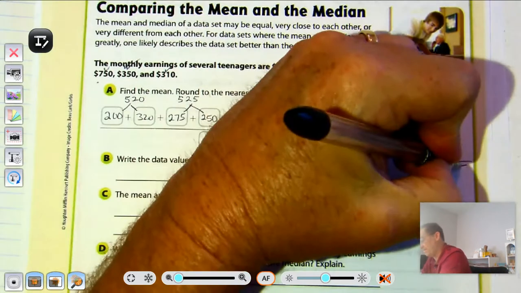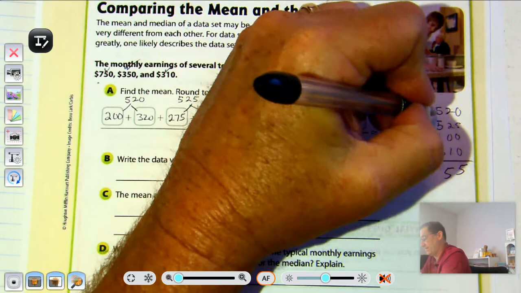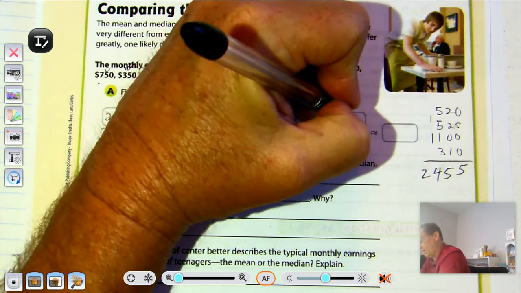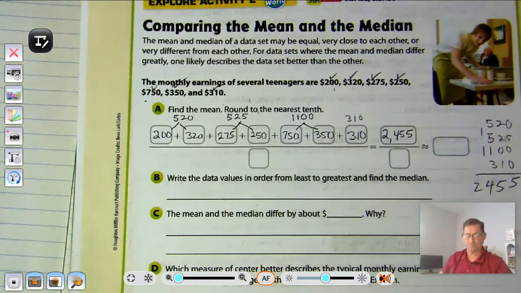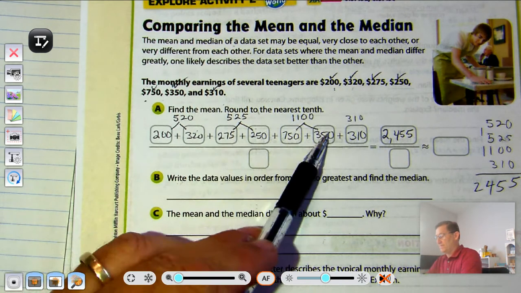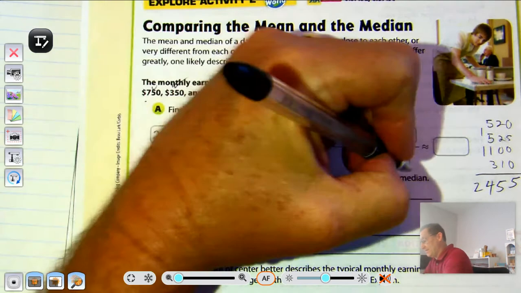Okay, so we get 2,455. And we need to divide that by how many? 1, 2, 3, 4, 5, 6, 7. There's 7 pieces of data.